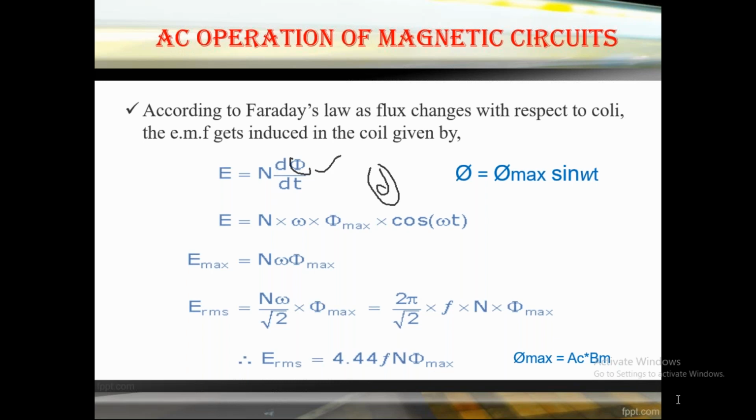What is the purpose of differentiation? Please tell me the answer. Then only we can proceed.